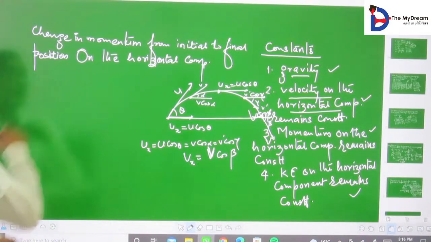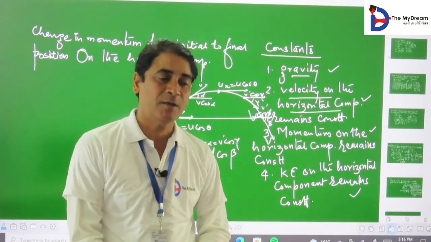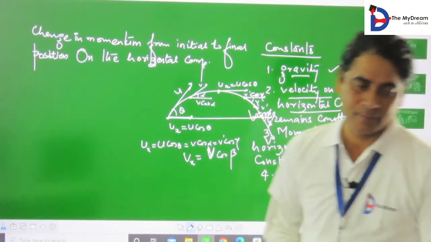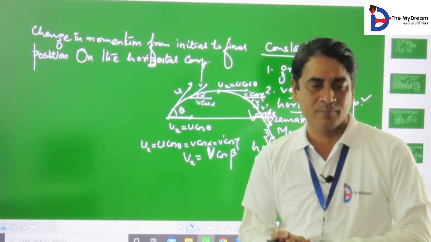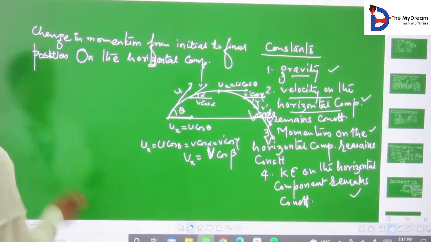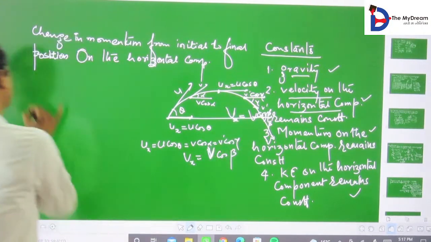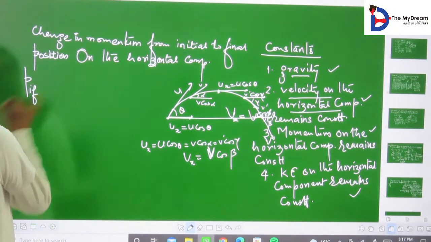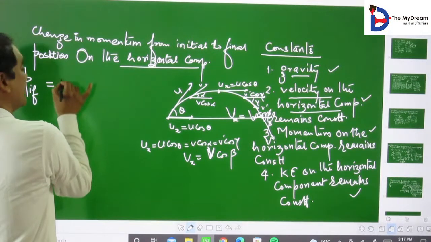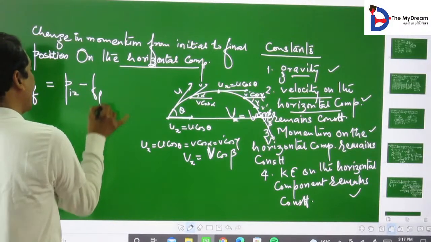Now, the change in momentum from initial to the final position. समझ गए? अच्छा. Change in momentum from initial to final position on the horizontal component, that is Pix minus Pfx.